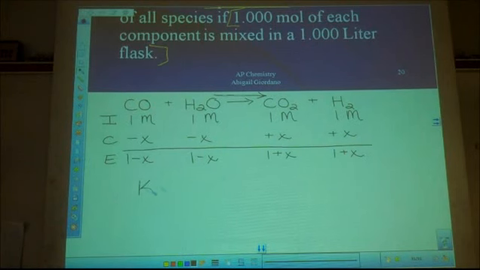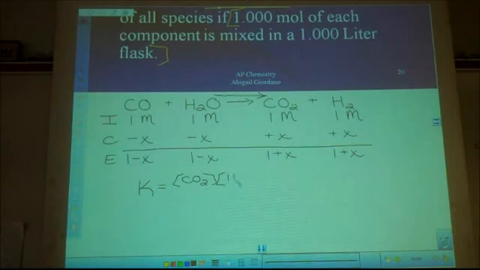Now, before I do anything with these X's, can you tell me what the equilibrium expression would look like for this reaction? Remember, expression means no numbers yet. Okay, Xander, tell me. Very good.